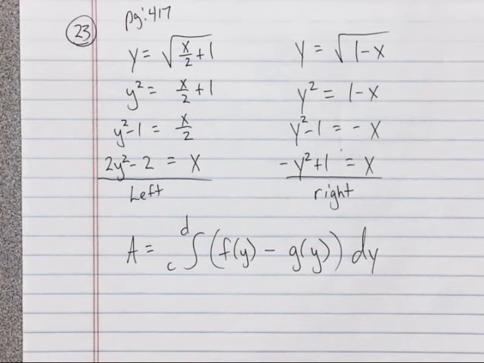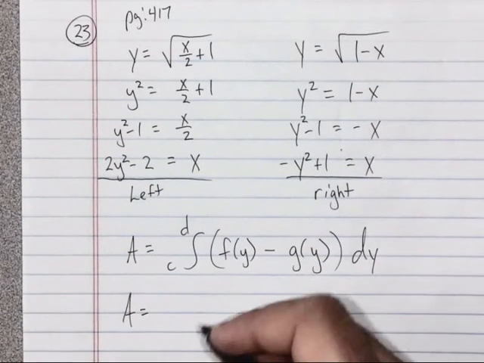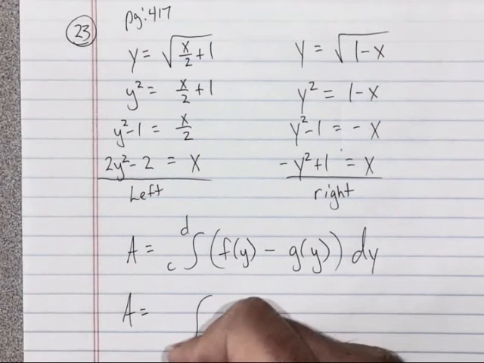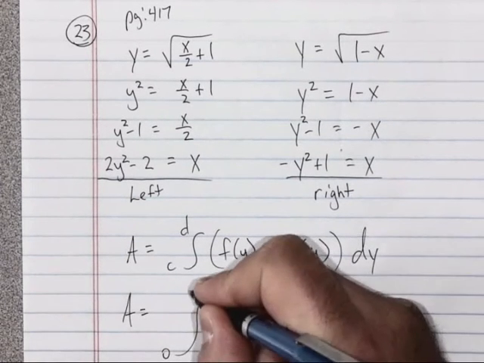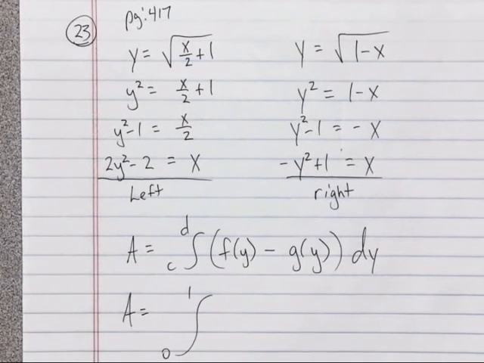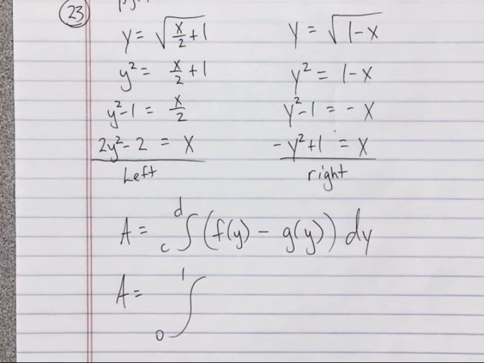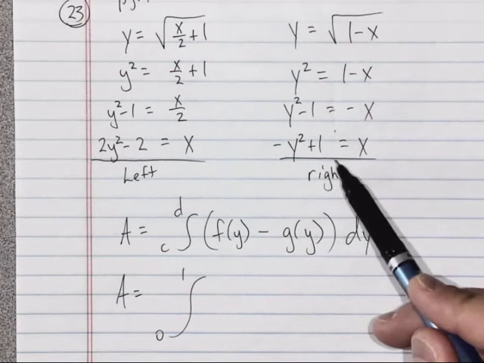So we have c, which is the lower boundary, 0, and d, which is the upper boundary, 1. That's what we just identified. We want f of y to be the rightmost function, which we have already labeled up here.